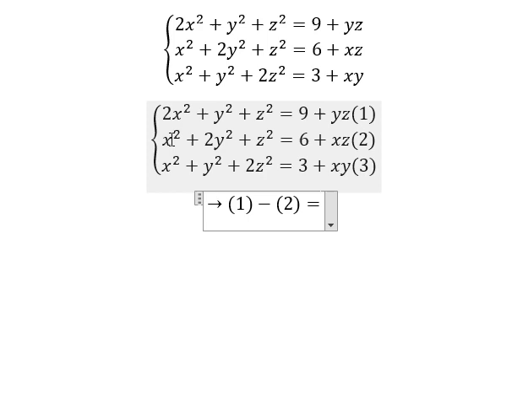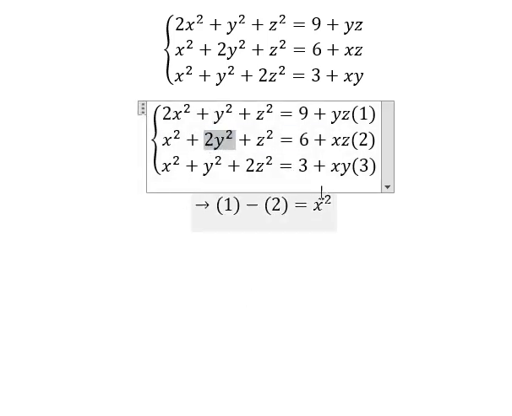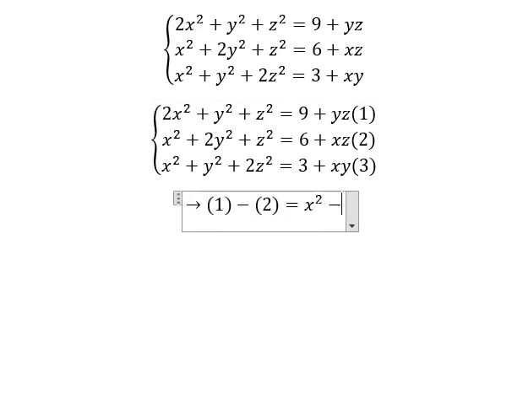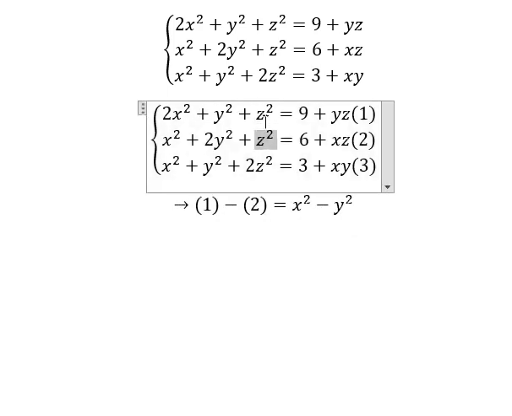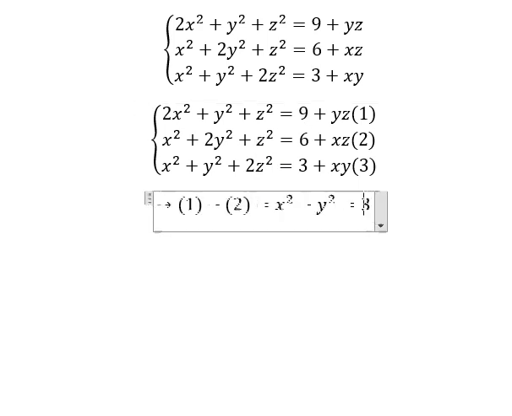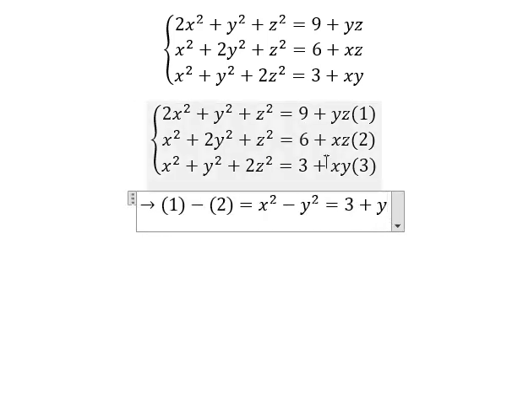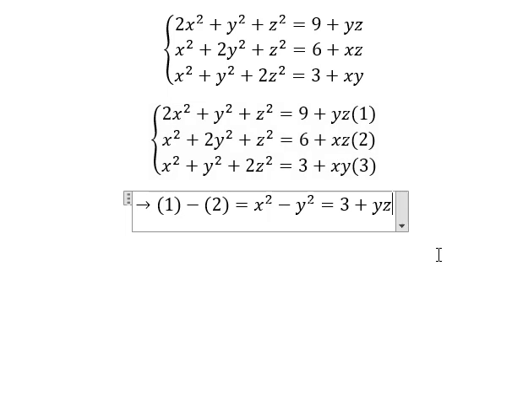This one minus this one, so we have s squared. This one minus this one, so we have negative y squared. This one minus this one, they cancel. 9 minus number 6, we have number 3. This one minus this one.